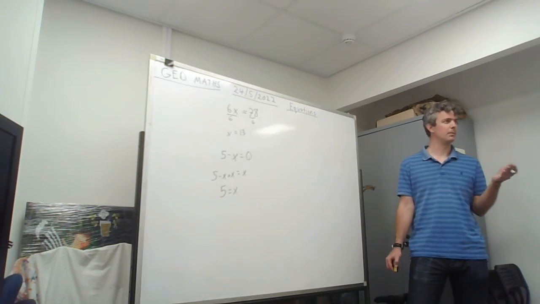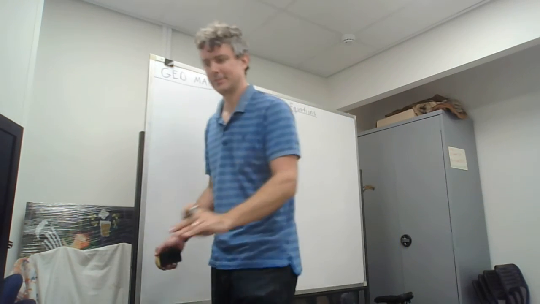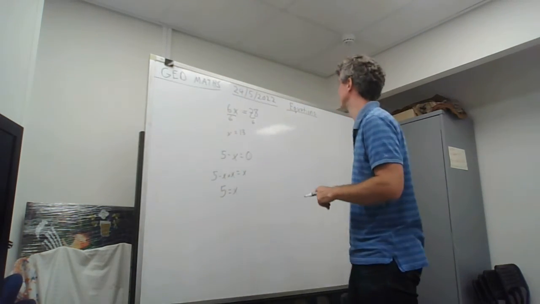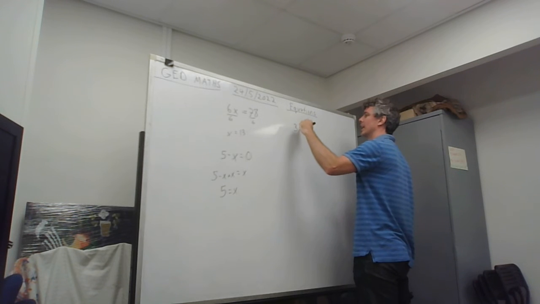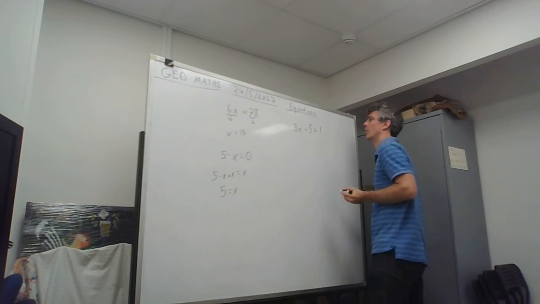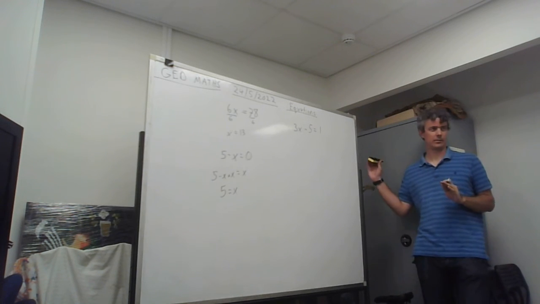But now what if we have a bit more complex problem, right? Multi-step ones. So say we have 3x minus 5 equals 1. 3x minus 5 equals 1.